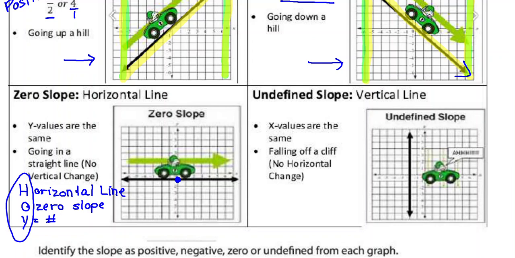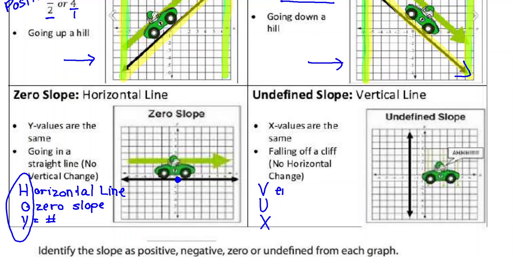Now the other slope that we have is a vertical slope. And you can see it doesn't have a slope because I can't drive a car on it. It's just vertical. All the x values are going to be the same and it falls off a cliff. So this line, because it's a vertical line, we call this one a VUX.